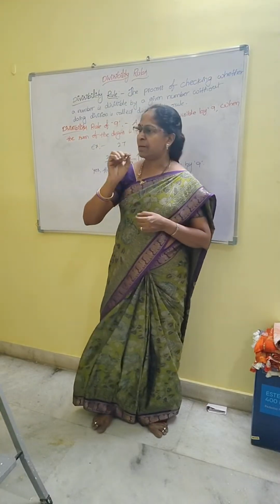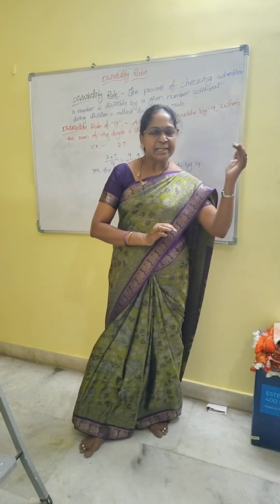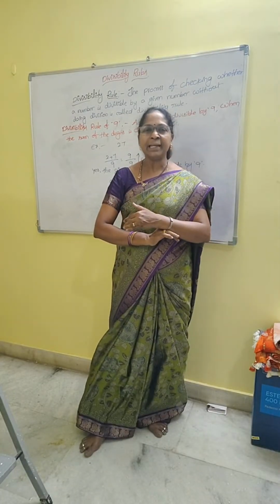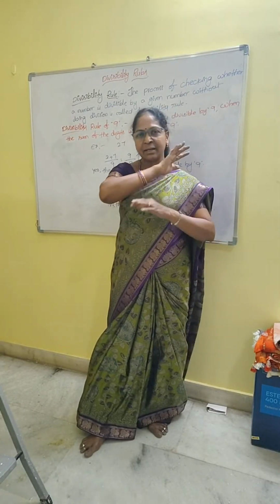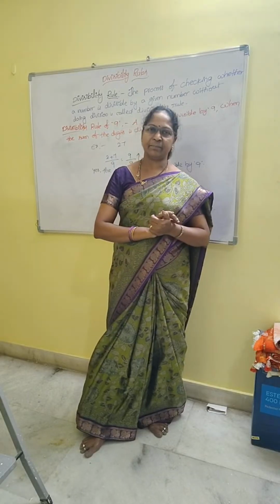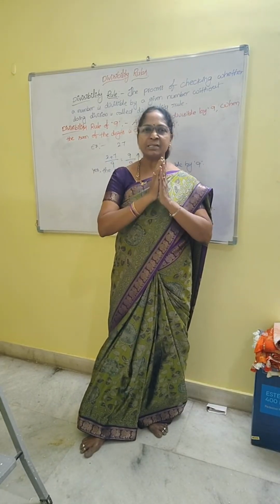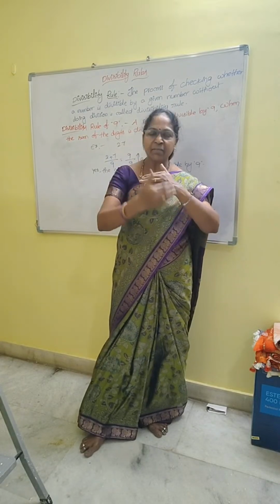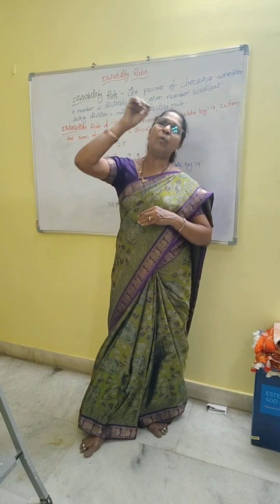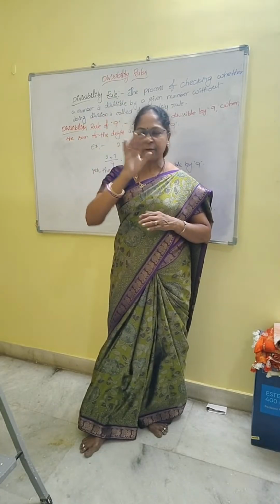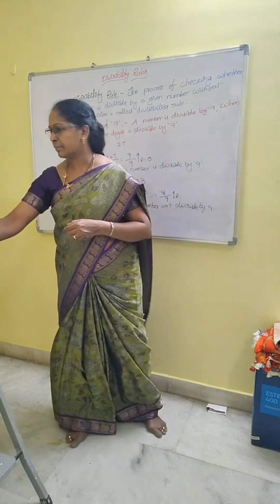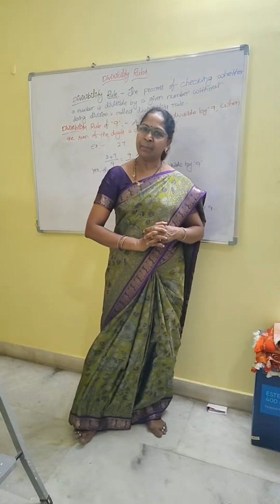Suppose the given number is divisible by 2 and not divisible by 3, then the given number is not divisible by 6. If only one of them divides, then the number is not divisible by 6. The given number must be divisible by both 2 and 3. That is the rule of 6. That you have to remember.